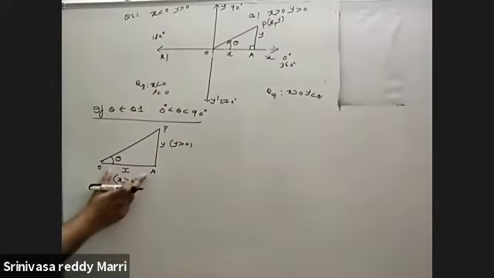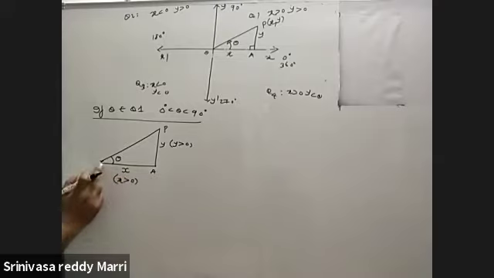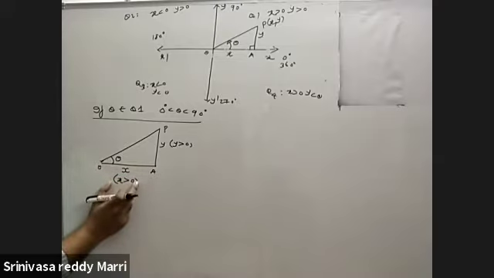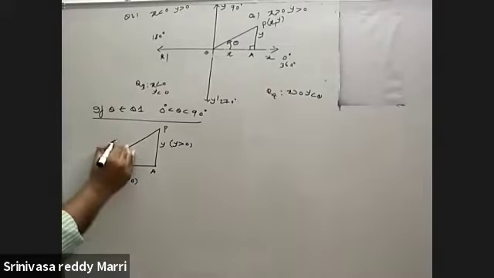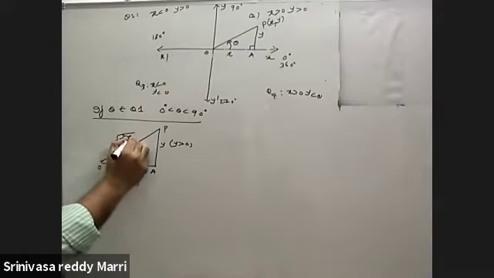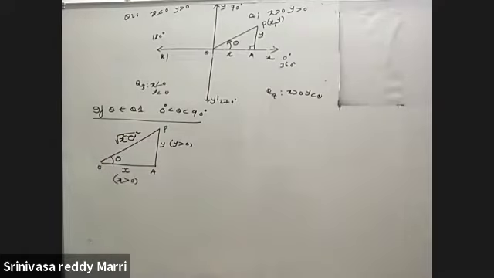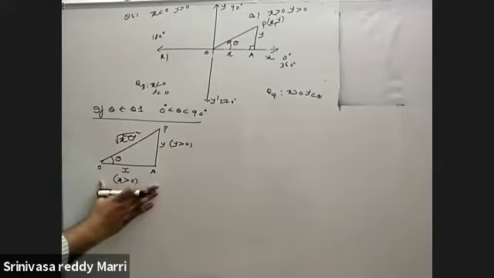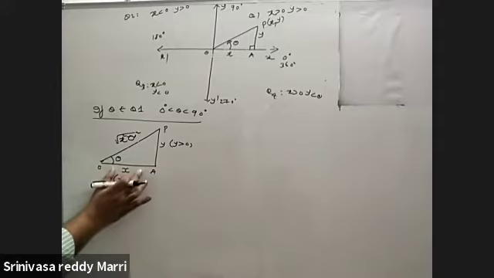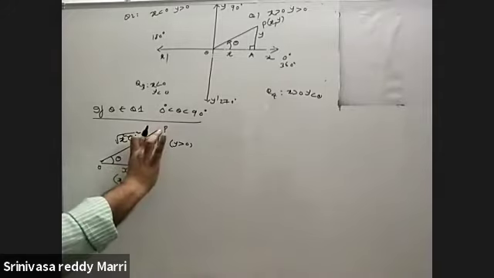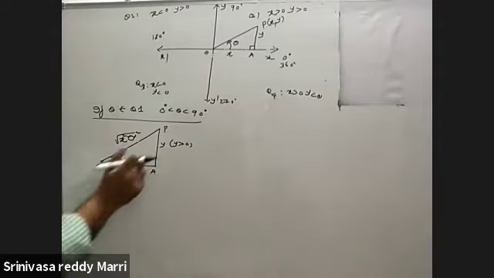In the right angle triangle, the legs, x you write as a positive quantity and y you write as a positive quantity. The hypotenuse is root of x square plus y square. In the first quadrant, x will be positive and y will be positive.